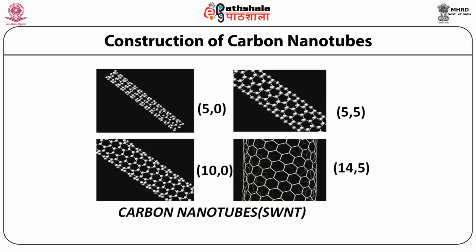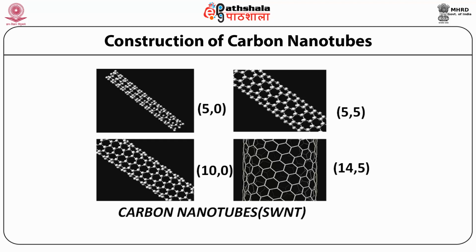If you see, the major difference in all these three is that the carbon-carbon bond is perpendicular to the tube axis in the case of armchair tubes, like (5,5), (6,6), or something like that. In the case of zigzag tubes, where m is equal to 0, the tube axis is parallel to the carbon-carbon bond.